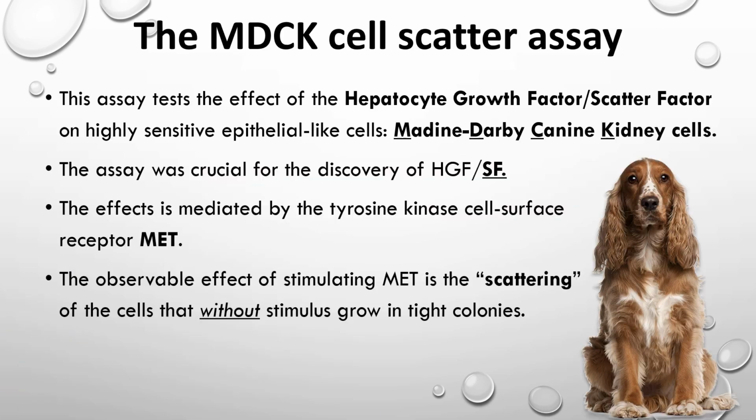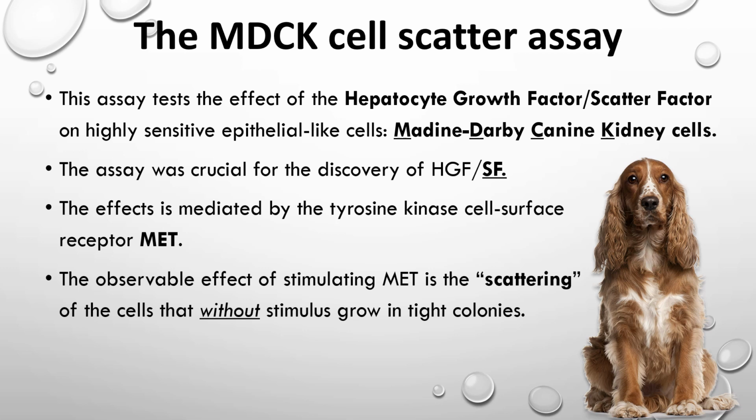The experiment that you are going to do today is the MDCK cell scatter assay. This assay tests the effect of the hepatocyte growth factor or scatter factor on highly sensitive epithelial-like cells called Madin-Darby canine kidney cells, which were isolated in 1958 by two researchers, Madin and Darby, from a Cocker Spaniel kidney.